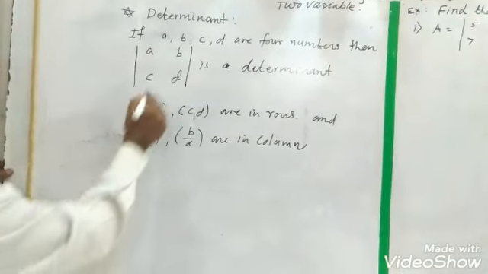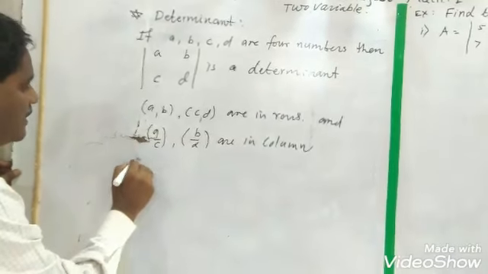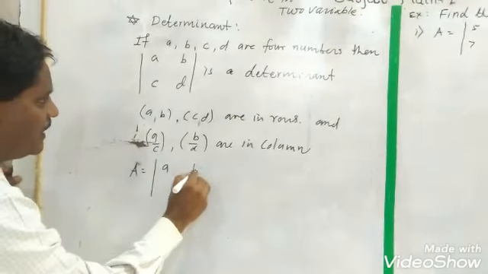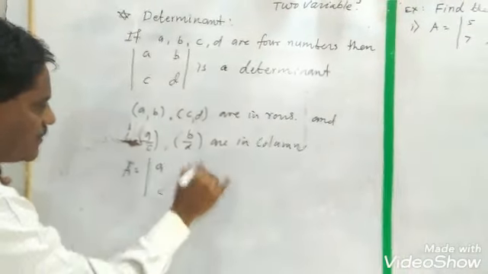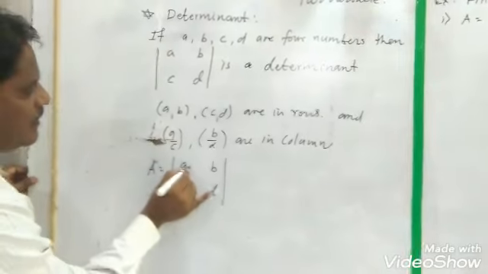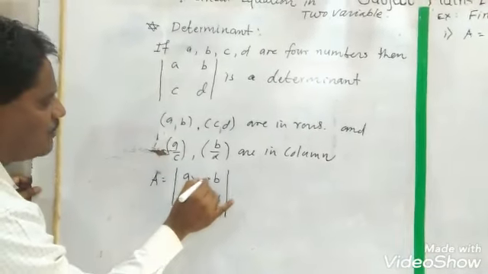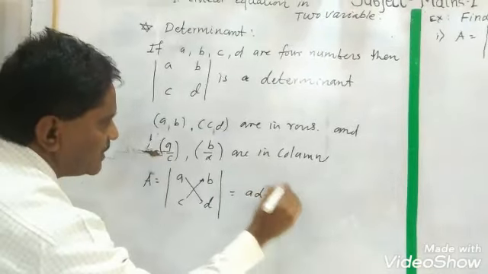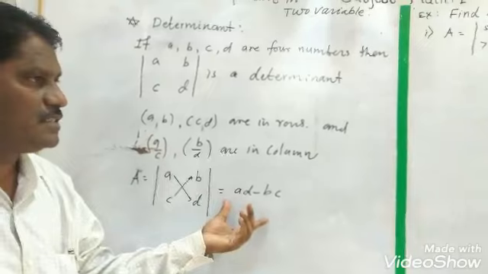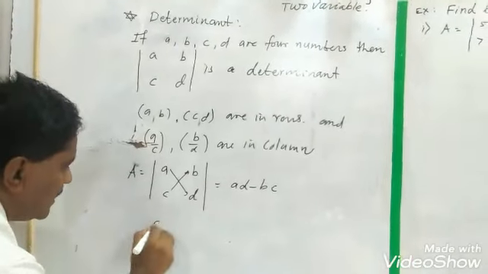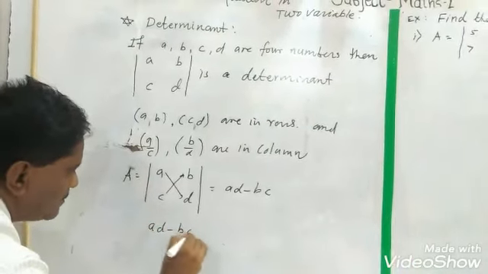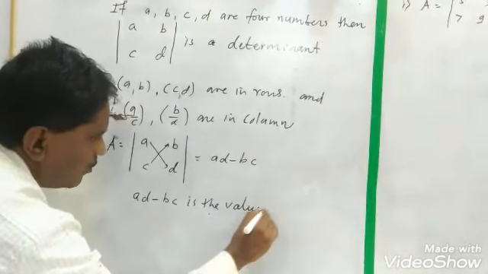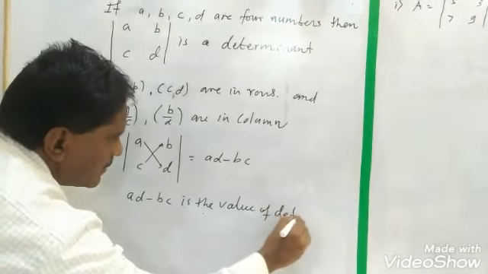That is generally determinant, that is A is equal to determinant of order 2 A, B, C, D. Then here is cross multiplication is equal to AD minus BC. AD minus BC is the value of determinant.